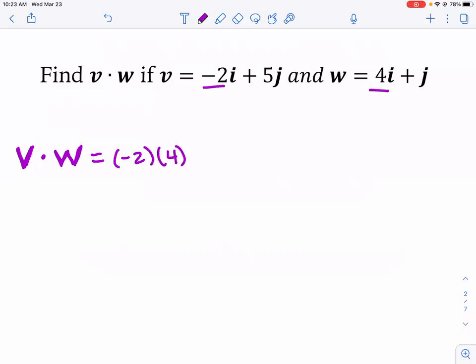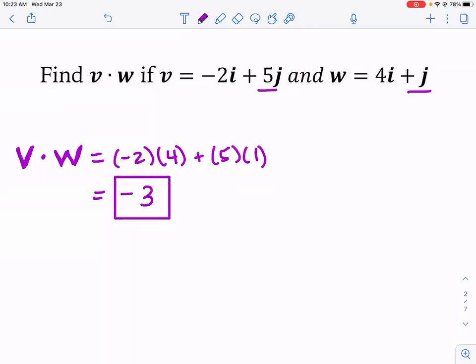We're going to multiply those together. Plus, we're going to multiply the vertical components together, 5 and 1. -8 plus 5 equals. Yep, it's just one number.